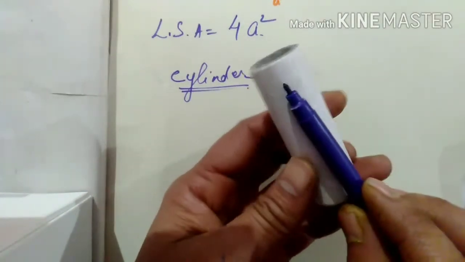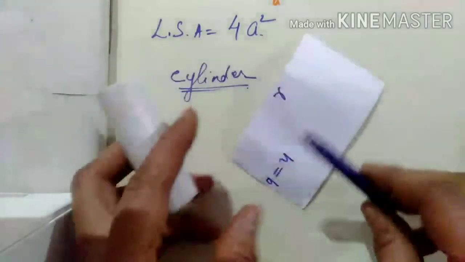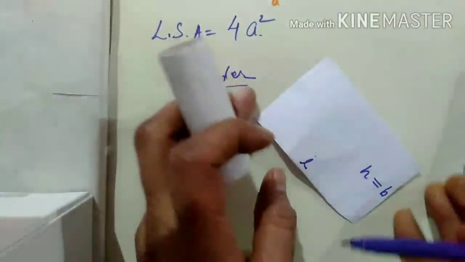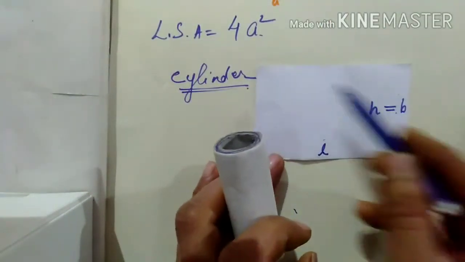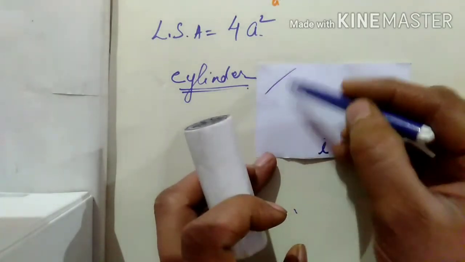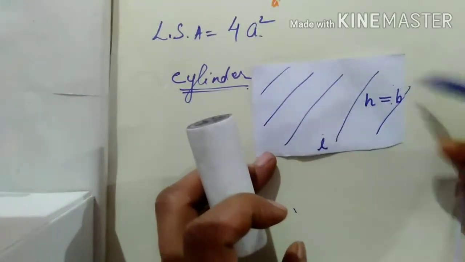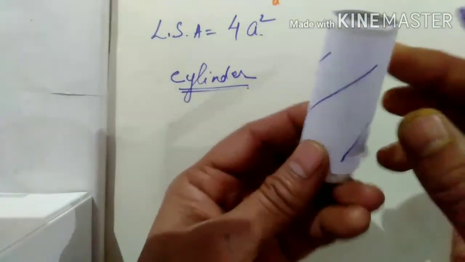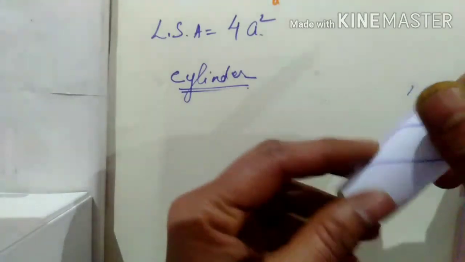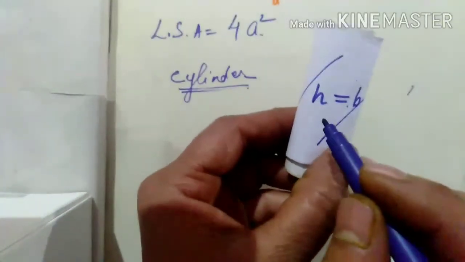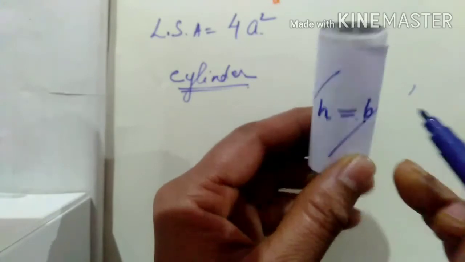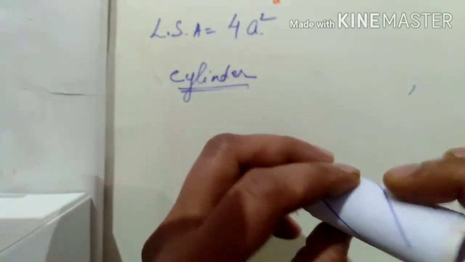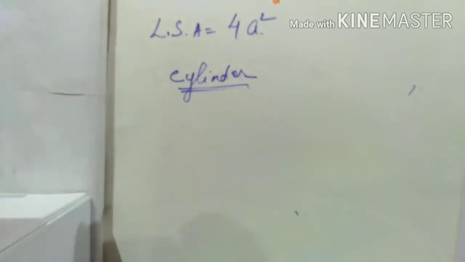This part, the area, is given by length into breadth. The area of this rectangular piece of paper is now the curved surface area. In this curved surface area, the height equals the breadth and the length becomes 2 pi r. So this is called the curved surface area of the cylinder.